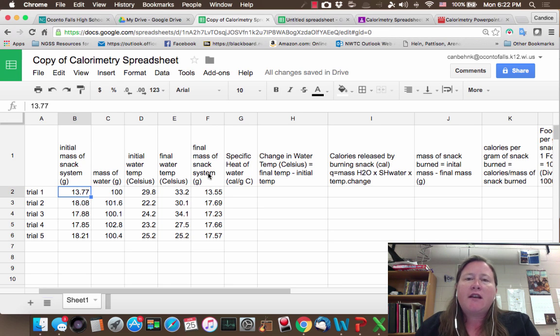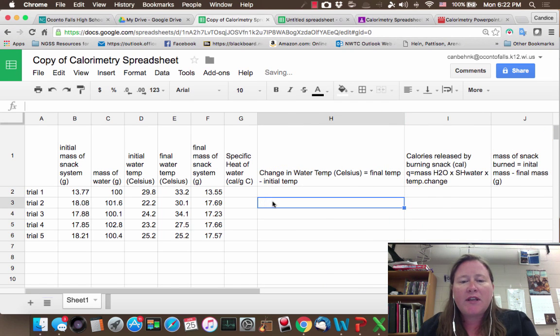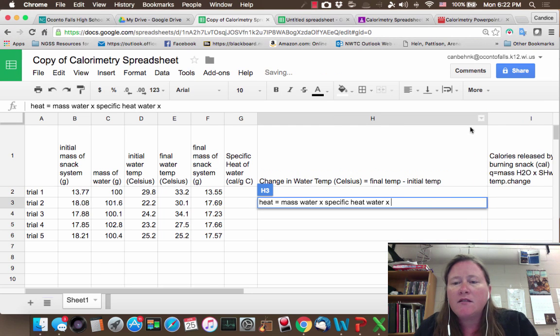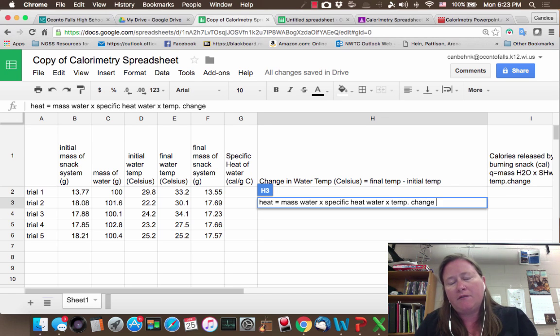In calculations that involve calorimetry, the formula that gets used, and I'll just type it in right here, if you want to calculate the number of calories or the heat given off, is heat equals, in this case, since the heat from the burning snack was going to the water, the mass of the water times the specific heat of the water times the temperature change of the water.